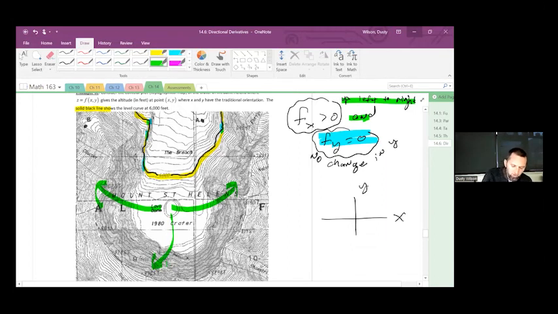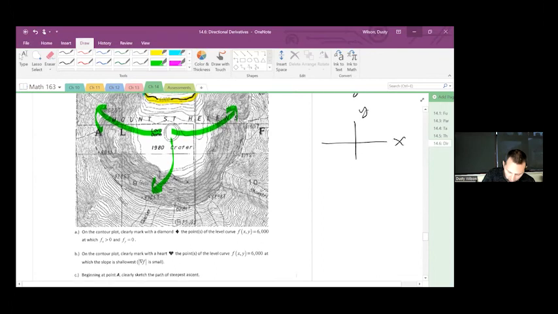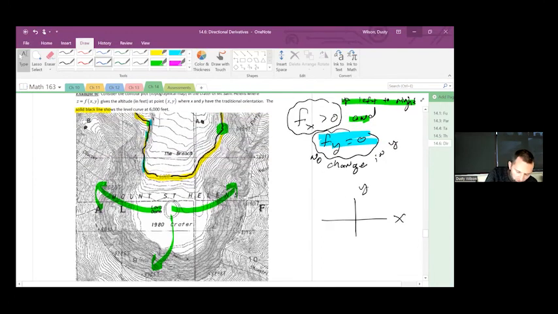You'll notice the points on the right would all be going down into the crater. So the only one where we would be going up, left to right is here on the right. I think we were asked to mark it with a diamond, so I'm going to put a big old diamond in that spot.